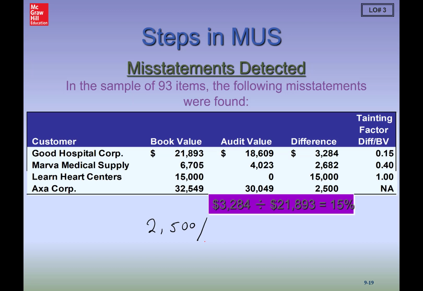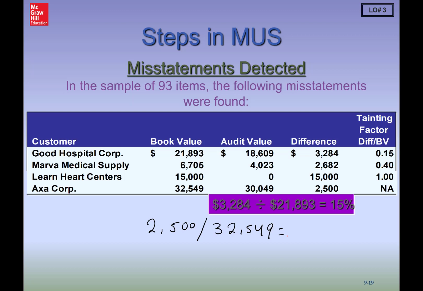Okay. So 2,500, and I divide that by the book value of 32,549. Now don't do this. This is wrong. I'm just showing you what happens. What happens when the freeway sign says "Do not enter" and you enter? Bad things happen, right?